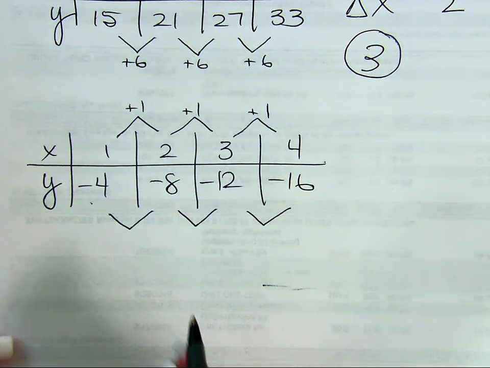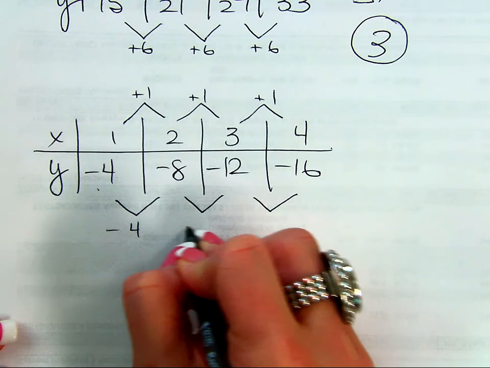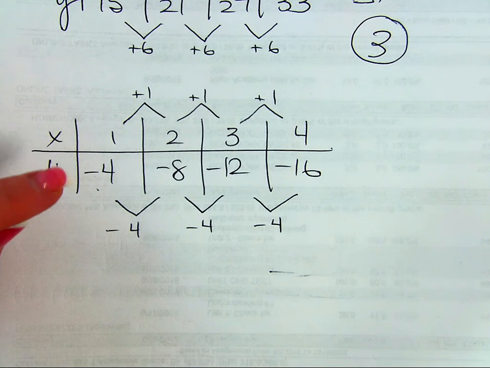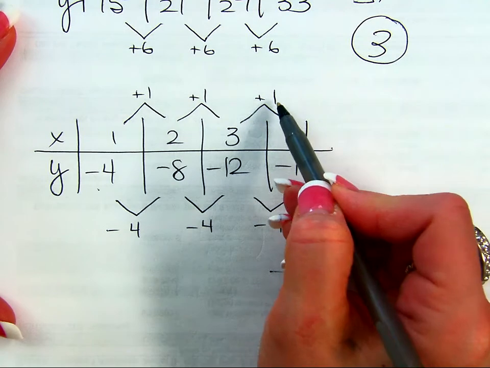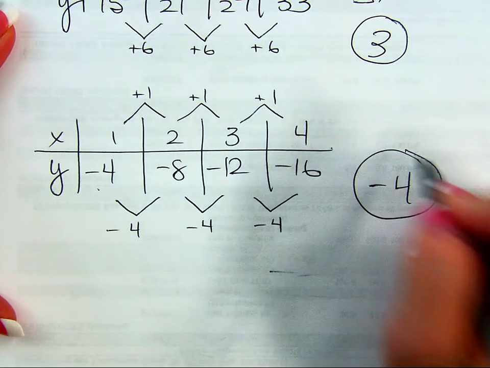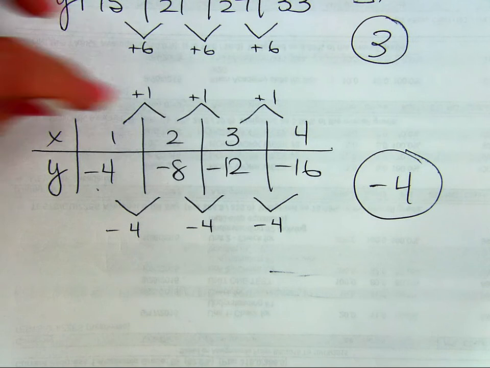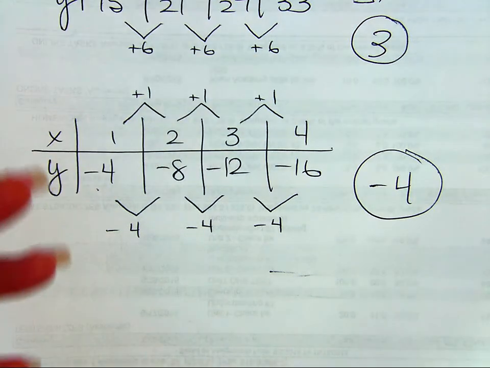JC. Yes, it's going down 4, because if you think about a number line, if you're at -4, you take 4 hops to the left, you're getting further from 0. You're going down 4. So as long as this is 1, is this my rate of change? Can you think of a real-world example to match this table? What would that mean if for every 1 something, the other something goes down?